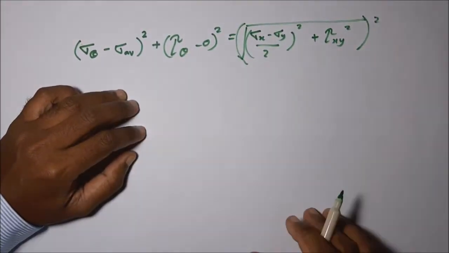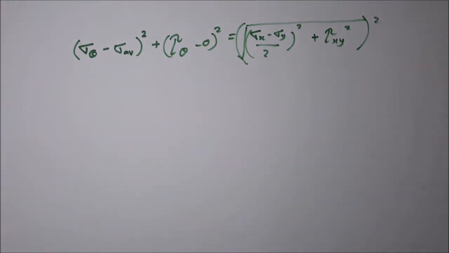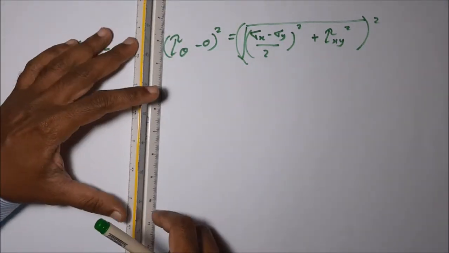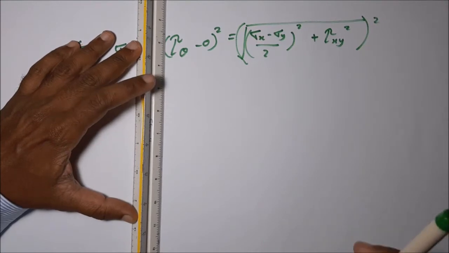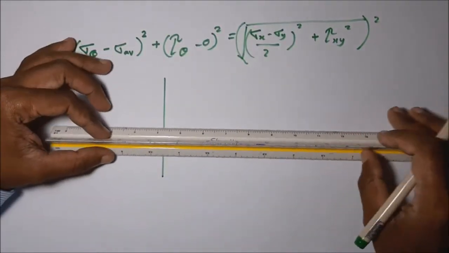This is the equation we got finally. It is the equation of a circle. So we can draw this circle in this way.